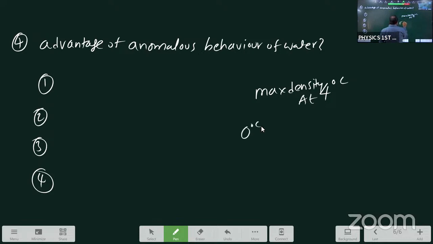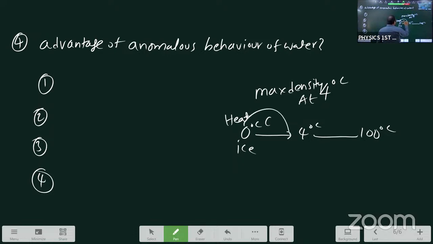For example, you take 0 degrees Celsius to 4 degrees Celsius, 4 to 100. Ice on heating, when we are giving heat to ice, from 0 degrees Celsius to 4 degrees Celsius, it contracts.